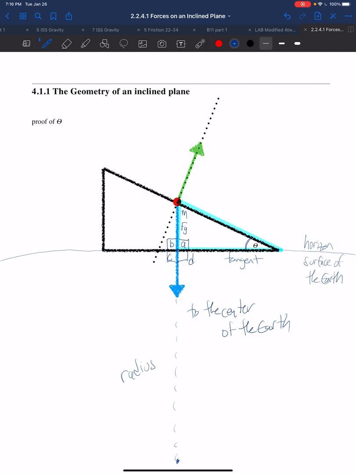We know the sum of the angles of a triangle are 180. So we know that A plus M plus theta equals 180. But we know A is 90. So 90 plus M plus theta equals 180. So we know then that M plus theta is 90. So that's what we know about that triangle.